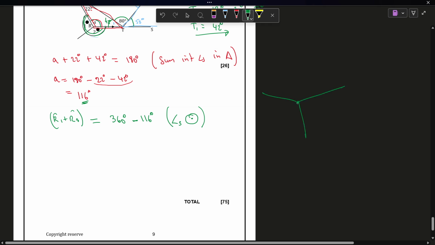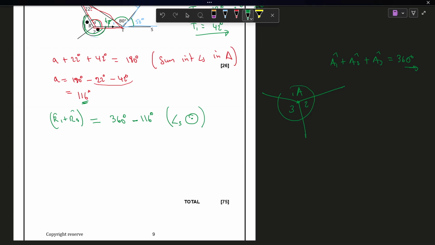Just an example, this is point A. So this point A divides the space in 3: 1, 2, 3. So basically, all we know is that A1 plus A2 plus A3 should be equal to 360 degrees, because the sum of all angles around the point gives you 360 degrees. So the same logic applies here as well.